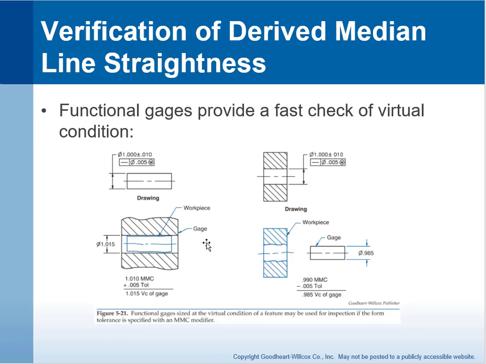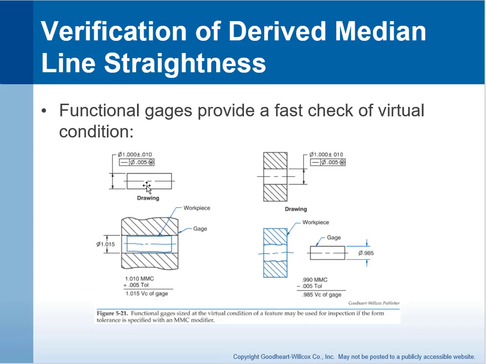Essentially our gauge here is a block which has a hole in it that's machined to the virtual condition, which is the MMC plus the 5 thousandths straightness tolerance. And as long as we can take our manufactured pin and slide it through that hole, we know that the part meets the virtual condition.